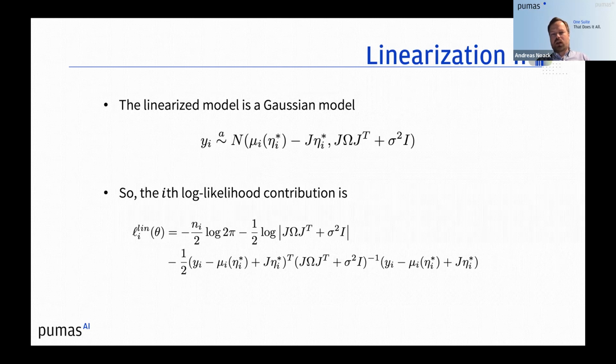with mean mu i evaluated in eta star, minus a correction term J eta star times eta star, and then there is a variance component that has two terms.